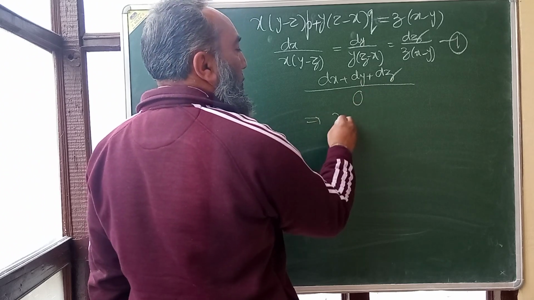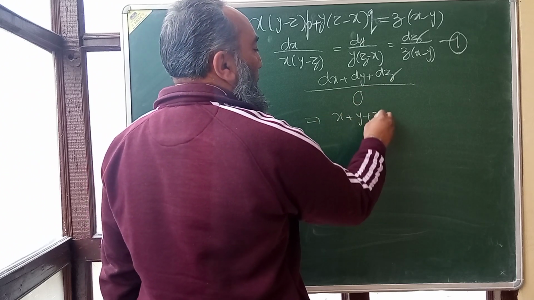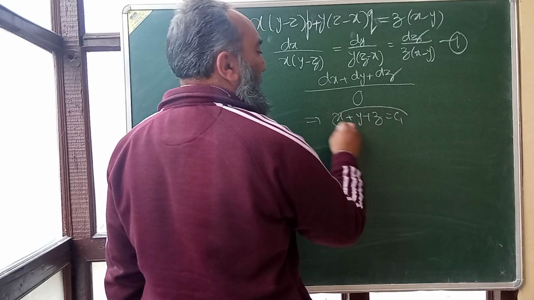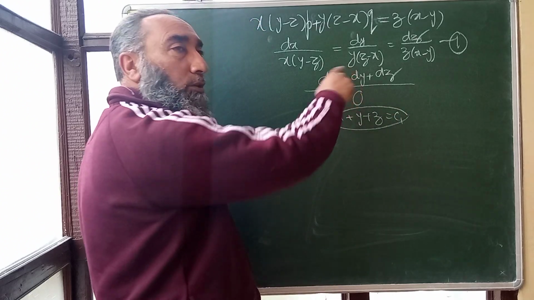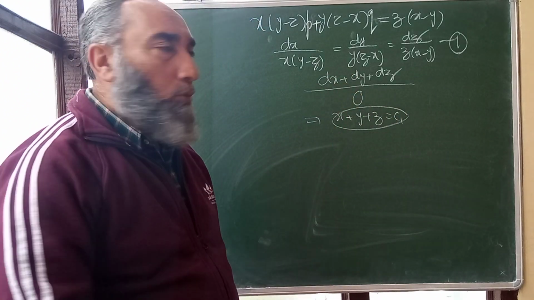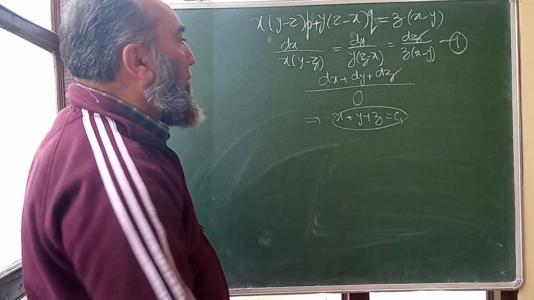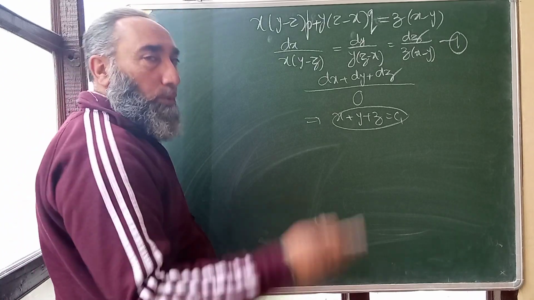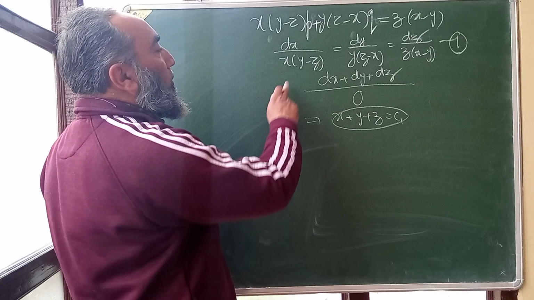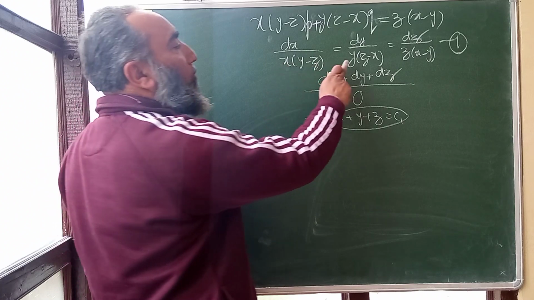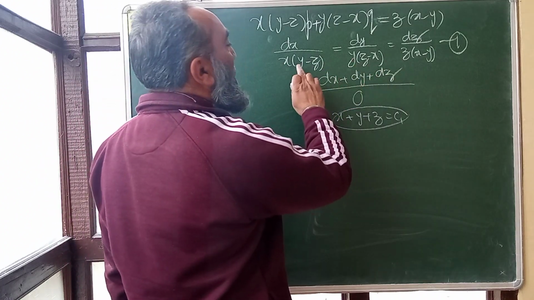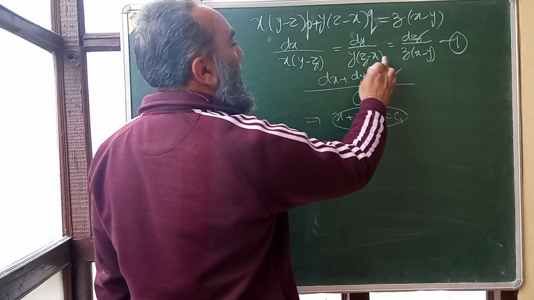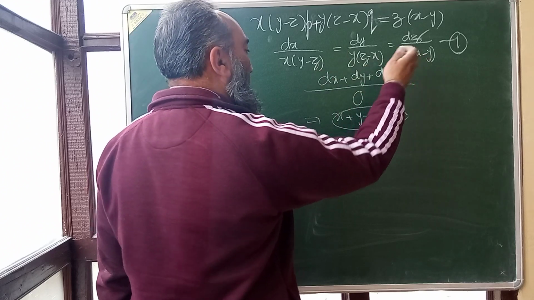This gives us the first solution, x plus y plus z equals c1. Okay, since the denominator is 0, so is the numerator. You know why? Because I have shown you how this is done, ratio and proportion. Now let me take off this x from here, y from here, and z from here. This will be y minus z plus z minus x plus x minus y.